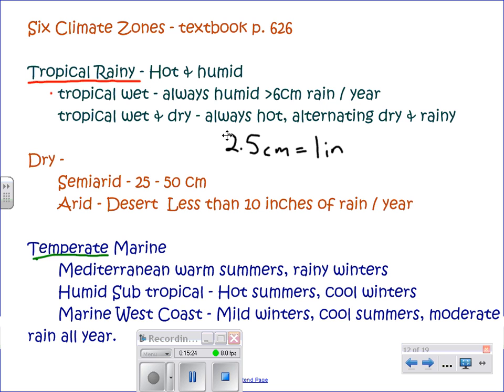So Mediterranean, warm summers, rainy winters. Humid subtropical, so humid and subtropical means below the tropics. Hot summers and cool winters. And then marine west coast, which would happen here on the west coast of the United States, mild winters, cool summers, and moderate rain all year. And so you're going to get that all along California, Oregon, and Washington State.